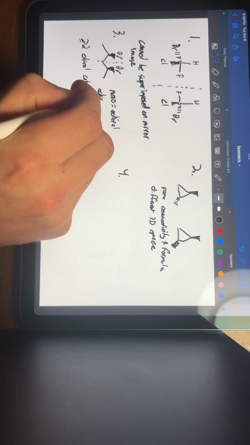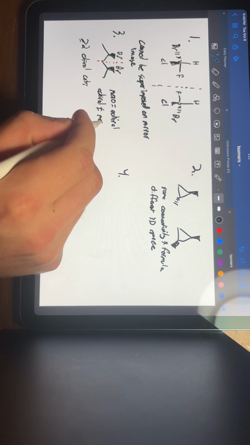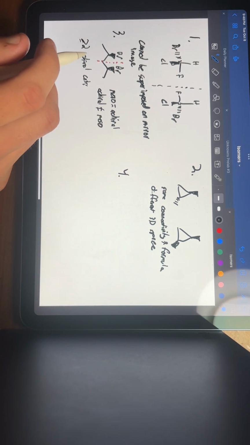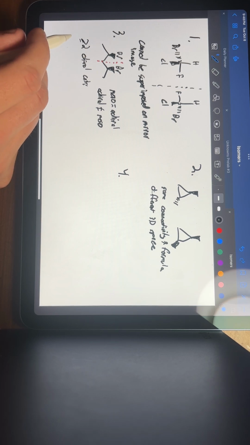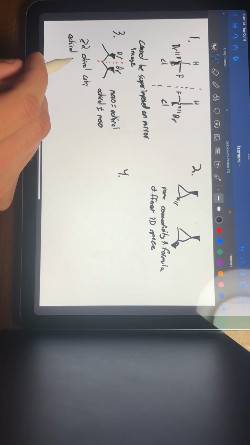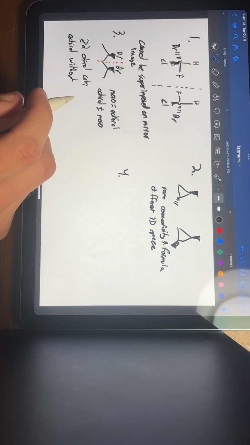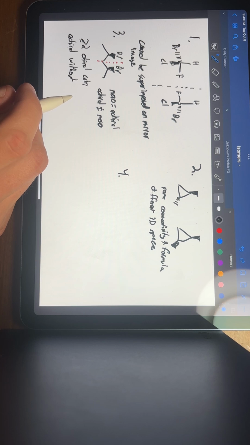Achiral does not always mean meso. For example, you can be achiral without having internal symmetry, or if you have only one center.